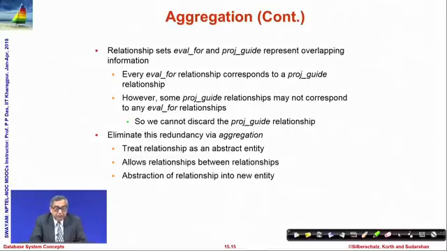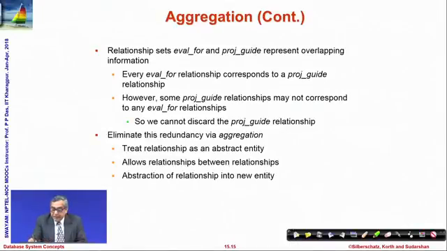This is something we did not do before. Relationship so far has always been between entity sets. So, you conceive that the project guide relationship itself is a virtual entity, an abstract entity, and then you allow the relationship between the project guide and the eval for relationship, which relates to the evaluation entity set.